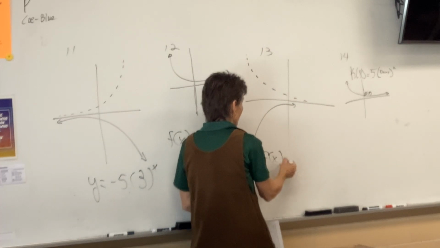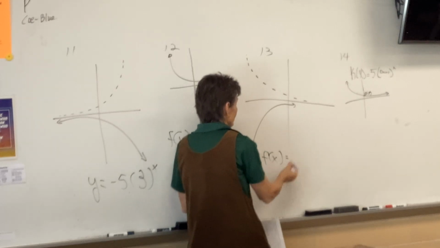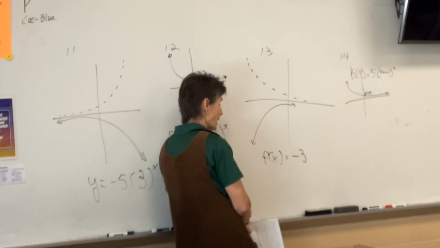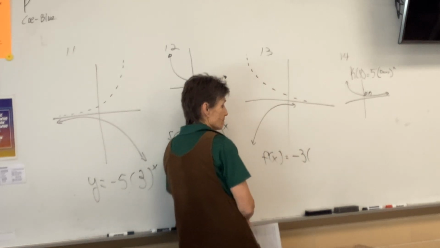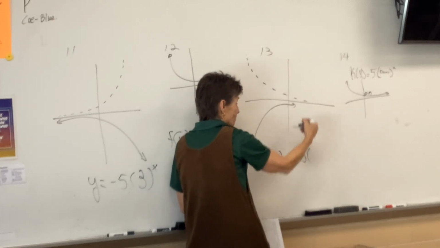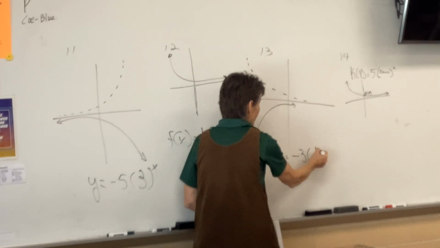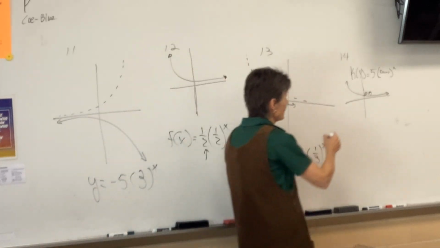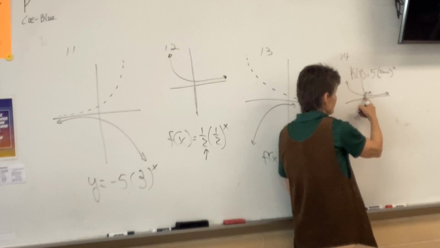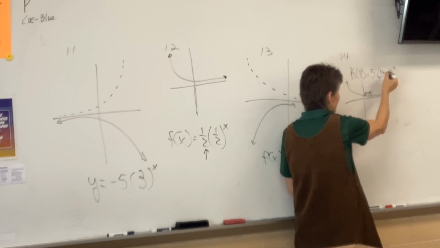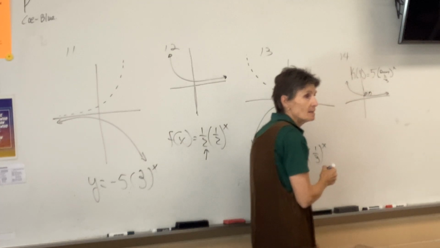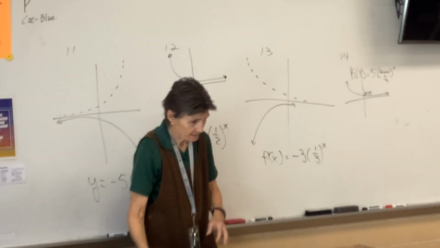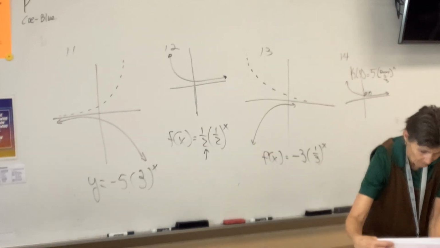So f of x equals negative something times 1/3 to the x. And he wrote an equation here. His initial value was 5. We just need to stick a number in there like 2/3 or something, and that would get rid of that one. Perfect.